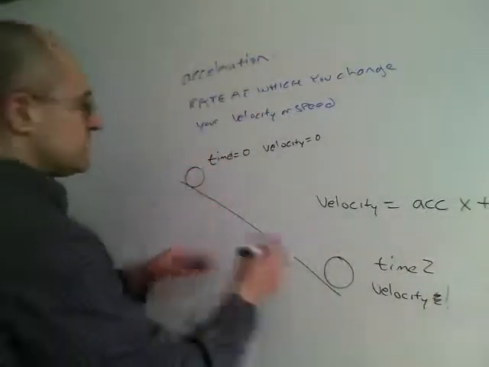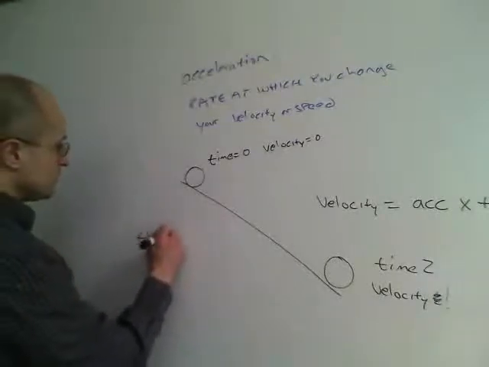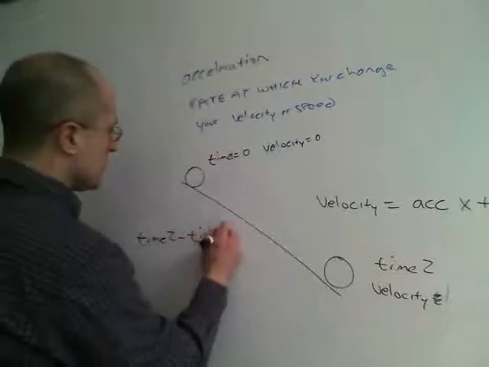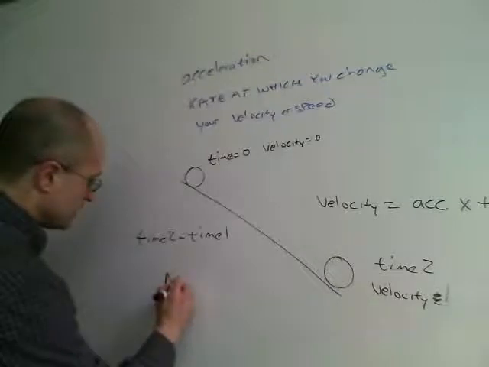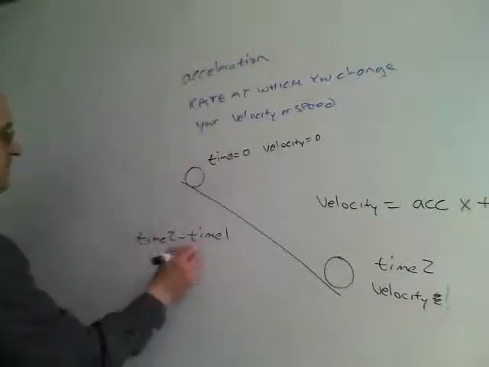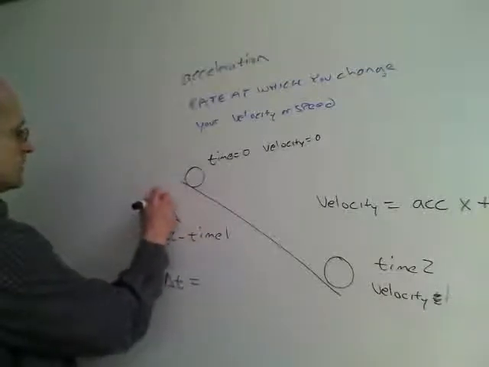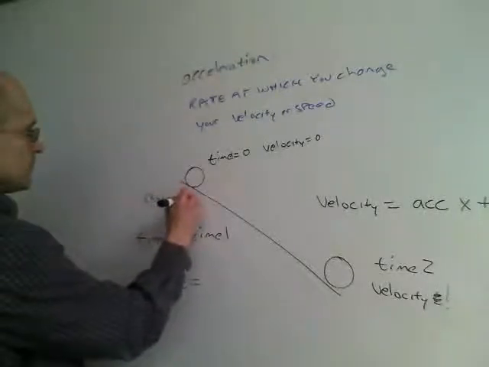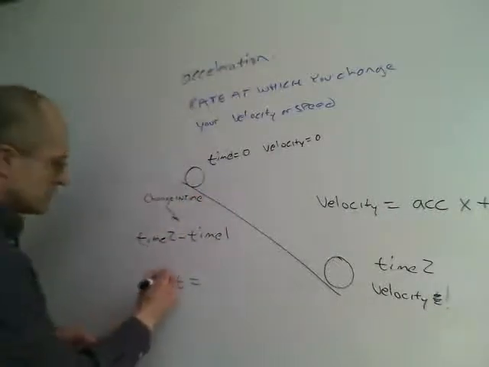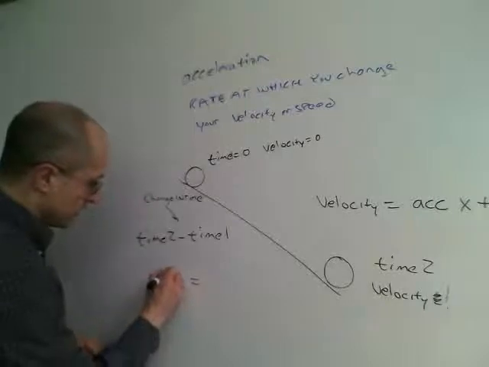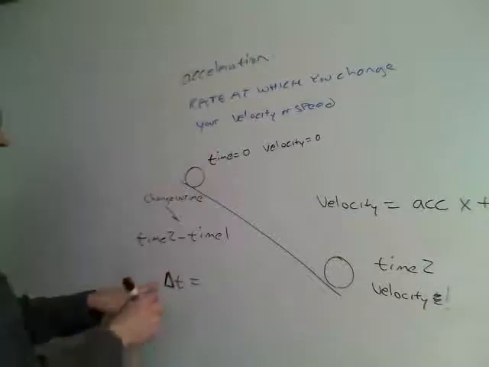Now, whenever we have time 2 minus time 1, we can also call this delta t. Anytime we have some type of change, like time 2 minus time 1, this is a change in time. One thing we use in physics is this symbol called delta, this little triangle, and it stands for a change in, or a change of.